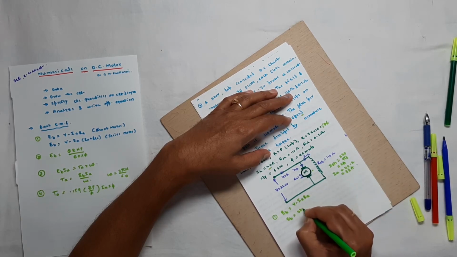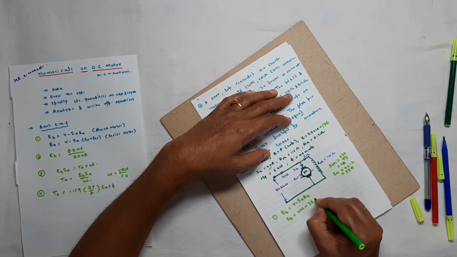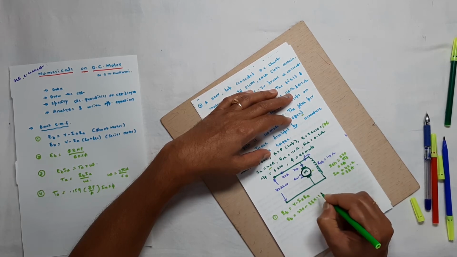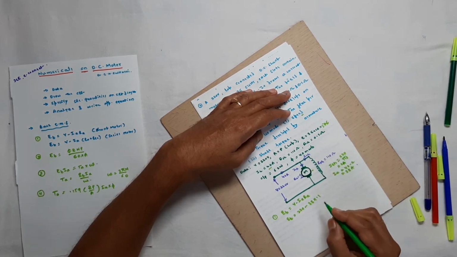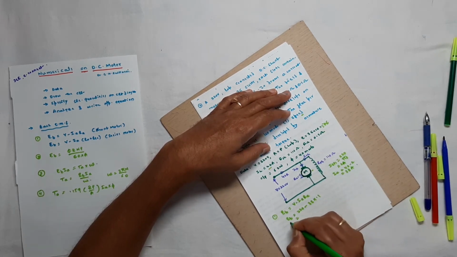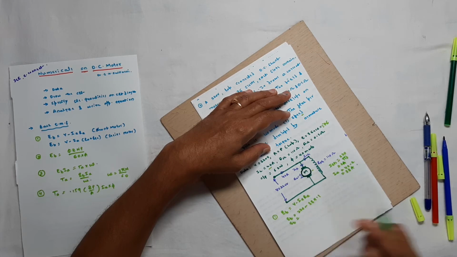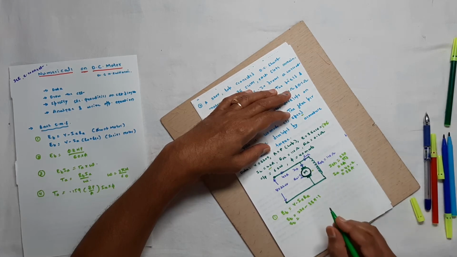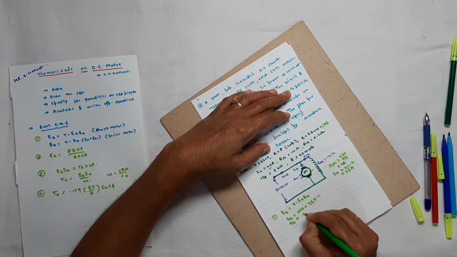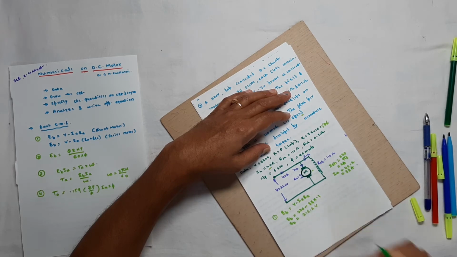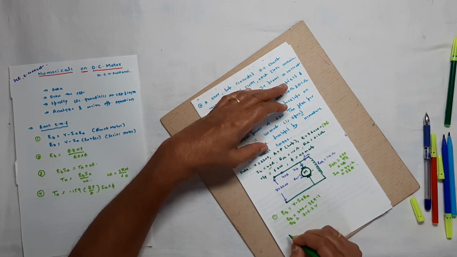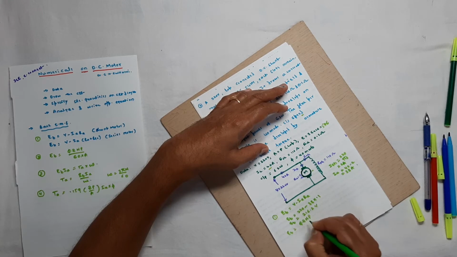That is 220 minus 38 into 0.1 ohm, the armature resistance. Then the EB value what we are getting here is 216.2 volts, the back EMF. Once again, to find out the speed, you have to make use of EB is equal to ΦZNP by 60A formula.